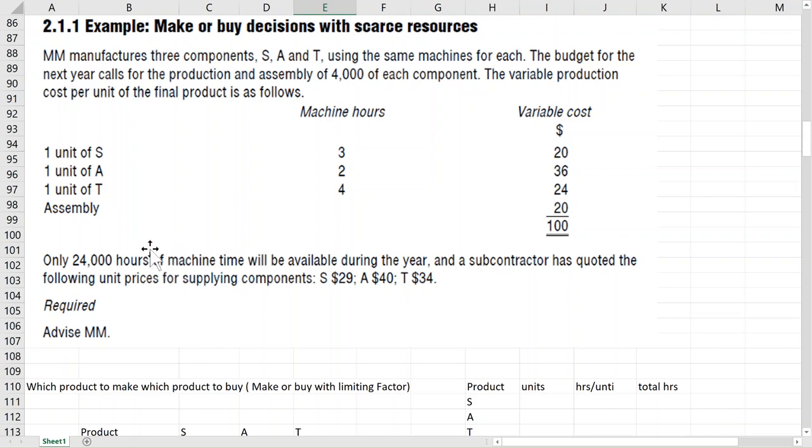We currently have 24,000 hours available. They haven't asked, but let's see whether it is actually a limiting factor or not.